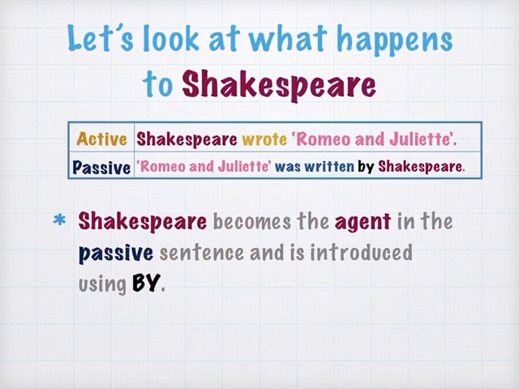Now, let's look at what happens to Shakespeare. In my active sentence, Shakespeare wrote Romeo and Juliet, he's the subject. In my passive sentence, Romeo and Juliet was written by Shakespeare, here he is the agent. And to introduce the agent in the passive sentence, we use by, que viene a ser como por Shakespeare, by Shakespeare. Very good.